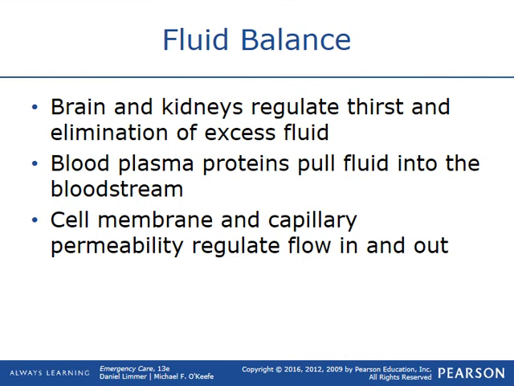So as far as fluid balance goes, the brain and the kidneys regulate thirst and the elimination of excess fluid. Blood plasma proteins pull fluid into the bloodstream, and cell membrane and capillary permeability regulate the flow in and out.